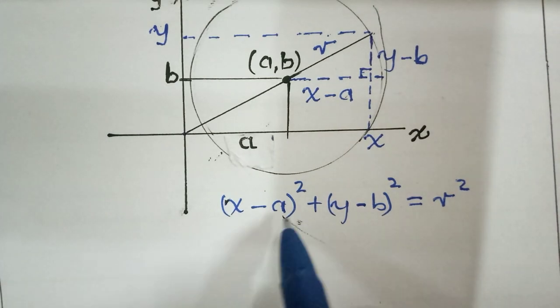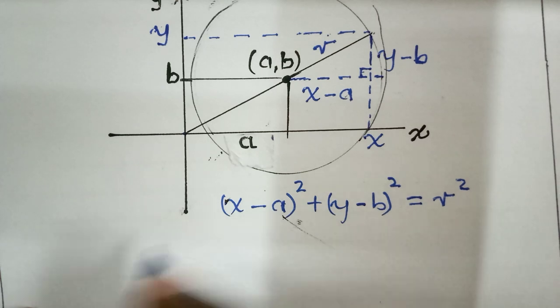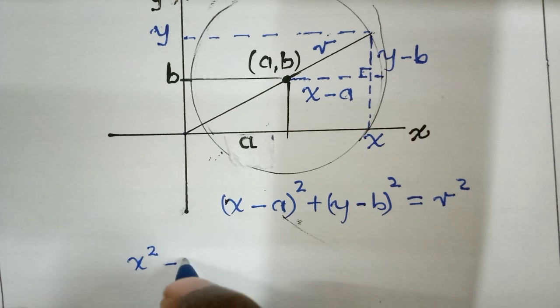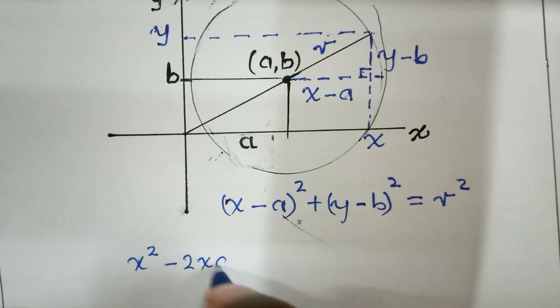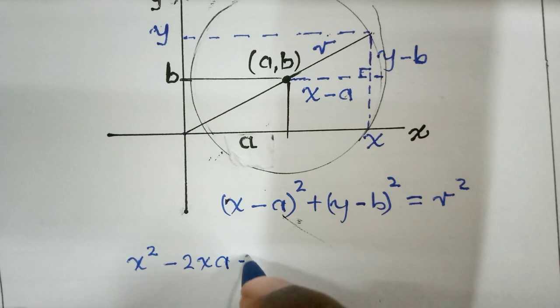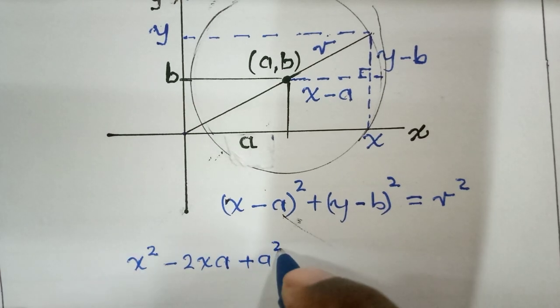If we square that, we shall have, for this one, x squared minus 2xa plus a squared.